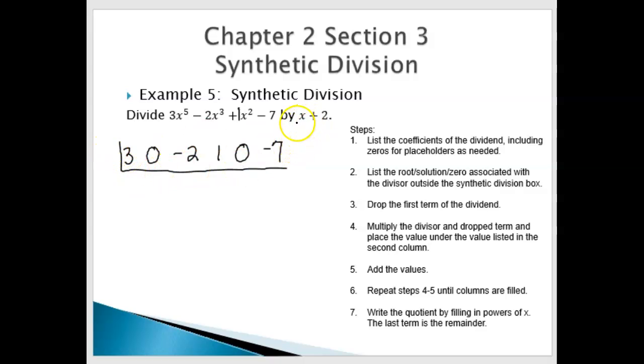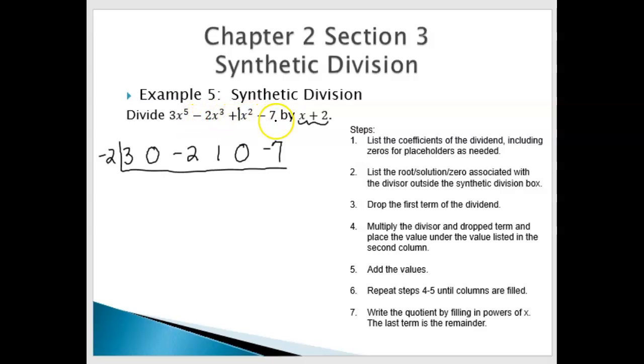And then because my divisor is x plus 2, I am going to use the root or the solution or the 0 that goes along with that. Remember, that's just taking the opposite of what's here. So instead of positive 2, I'm going to have a negative 2 there. Okay? Now, I keep getting behind on my steps here, but step number 1, list the coefficients of the dividend.